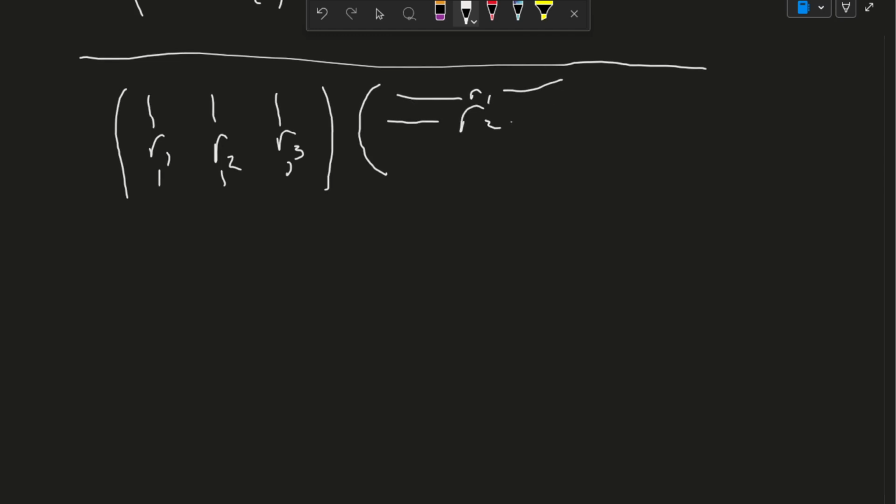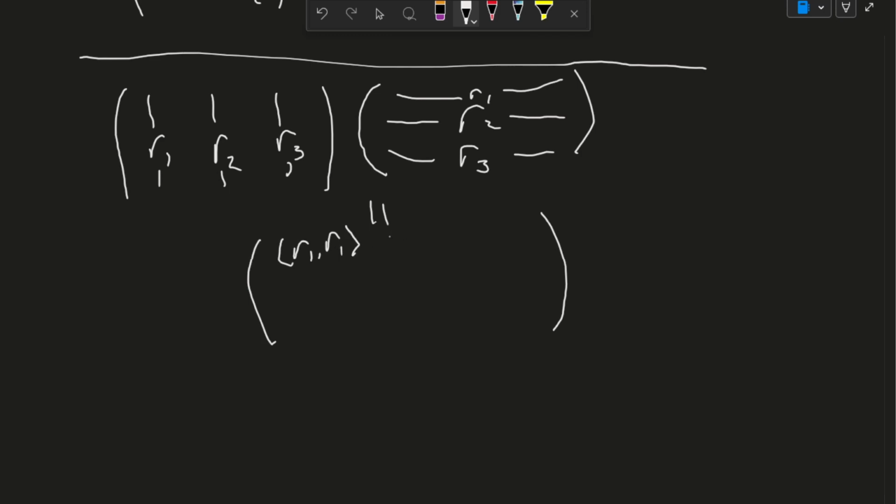You'll get a matrix that looks like this, where the rows have been put on their side. And if you do a little bit of algebra, you'll find out that this matrix is the matrix of inner products of the vectors. This is going to be R1, R2. This is going to be R1, R3. And I'll keep writing this as I'm talking.